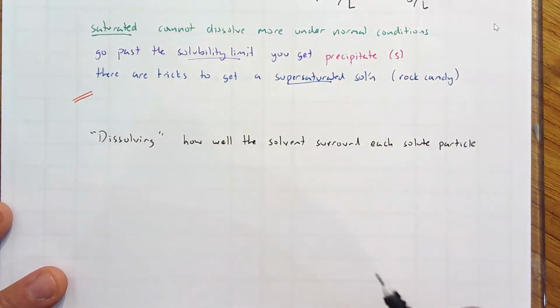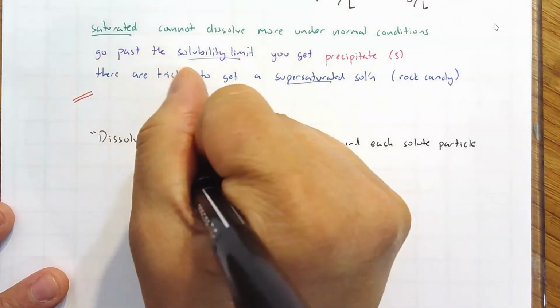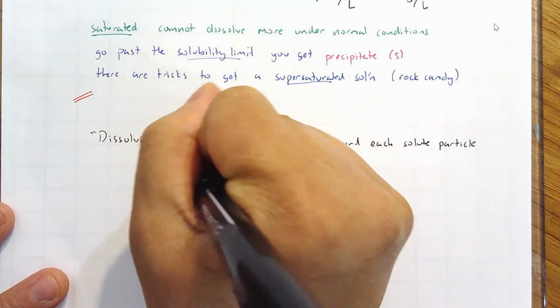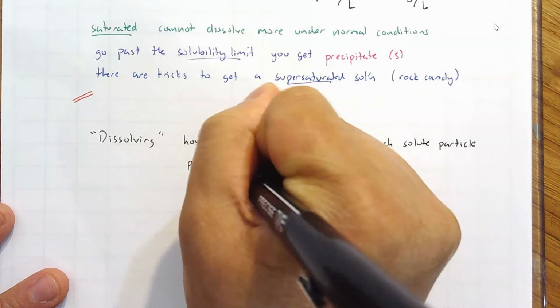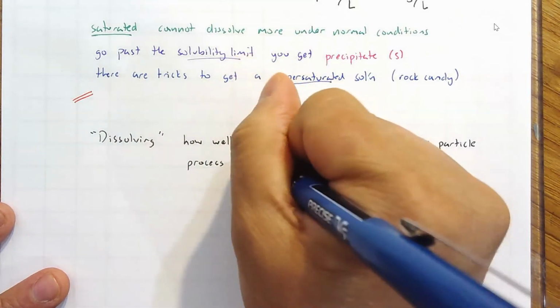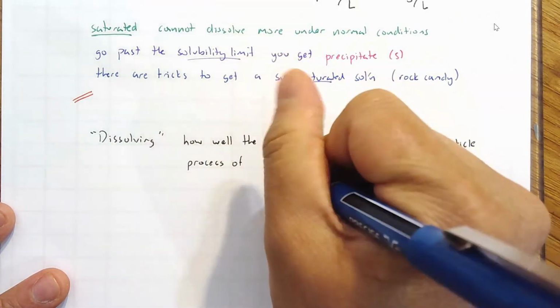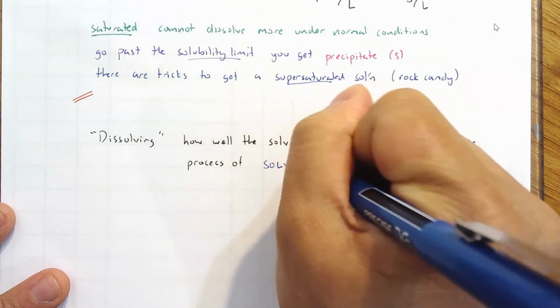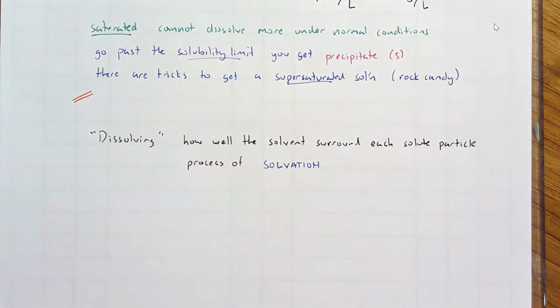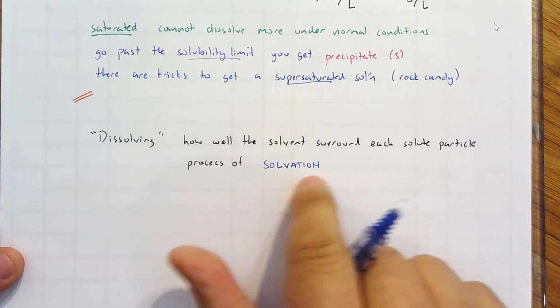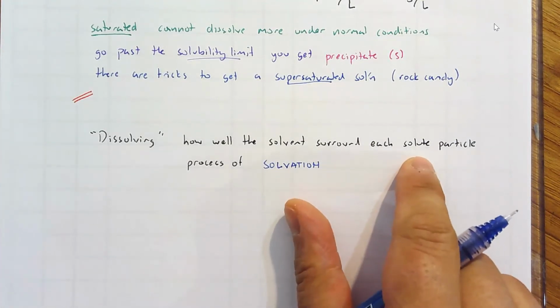You could almost think of it as a process of solvation. Solvation: making this kind of solvent cage around a molecule or a particle of solute.